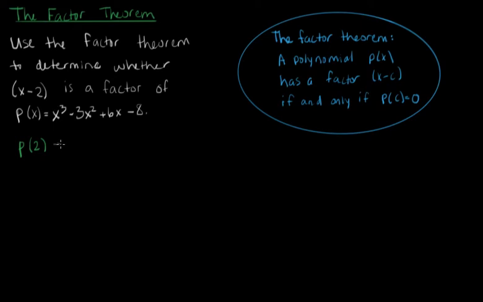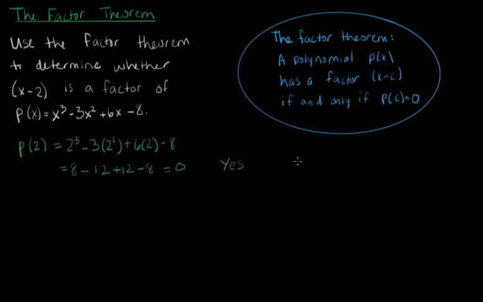So we would have 2 to the third minus 3 times 2 squared plus 6 times 2 minus 8. So this is 8 minus 12 plus 12 minus 8, and that equals 0. So the answer should be yes.